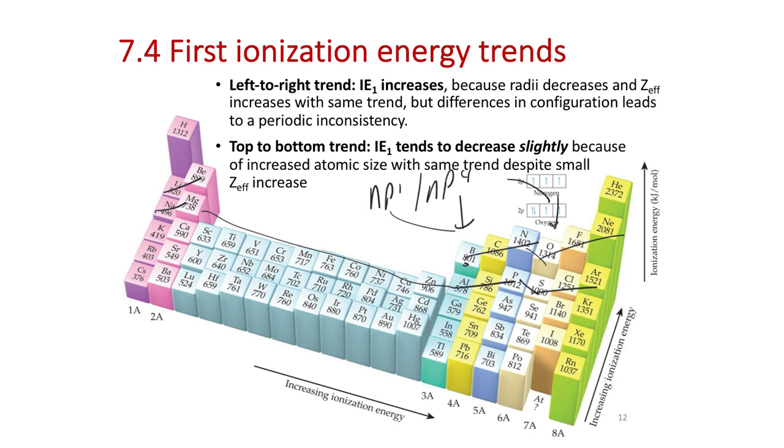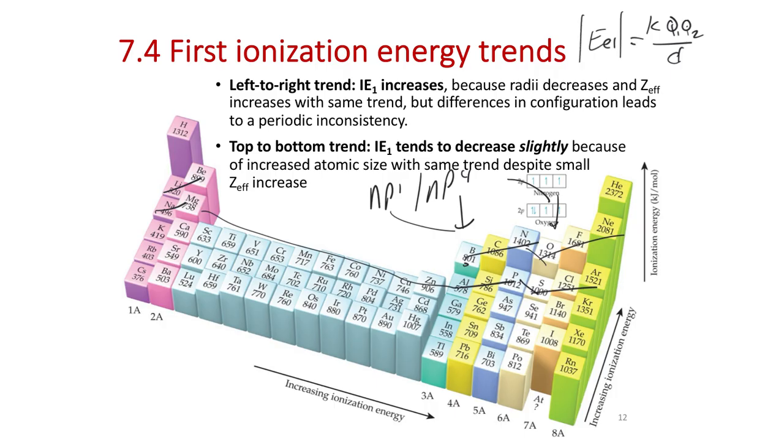Both of those trends point towards a greater energy of attraction of the valence electron to the nucleus. So as we're going from left to right, if we're thinking k Q1 Q2 divided by d, that's our energy of electrostatic attraction. I usually think of the magnitude of this because you get the plus minus.